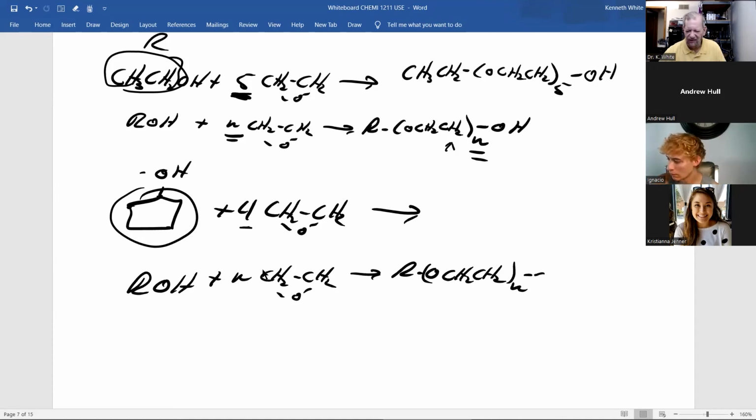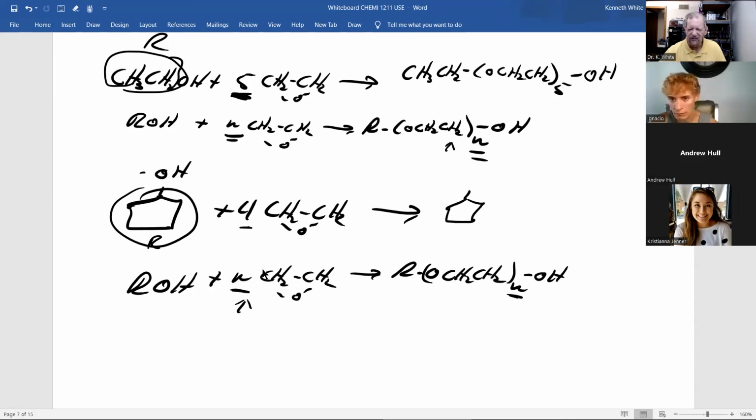This polyether alcohol, where N comes from there. Well, what's our R group? This ring. Then it goes to an oxygen, CH2, CH2, close bracket, what's N? 4, then OH. And that's what you get.